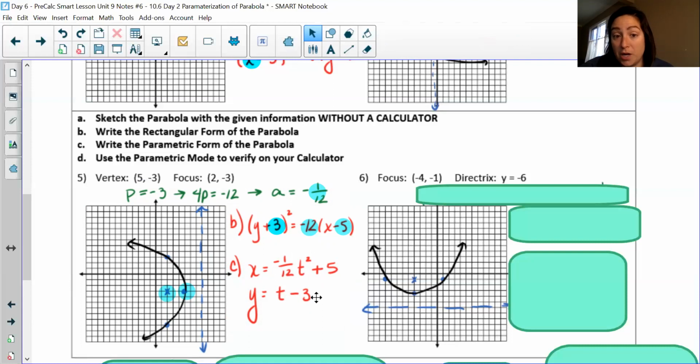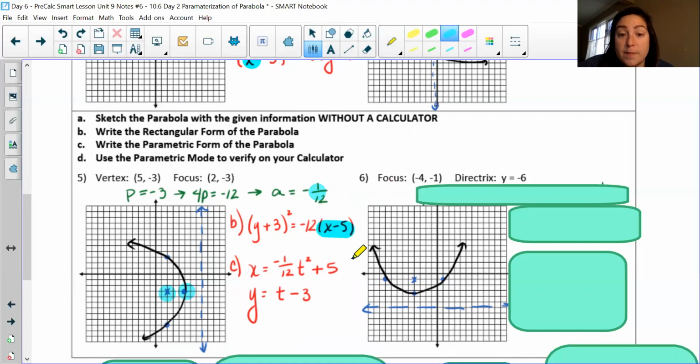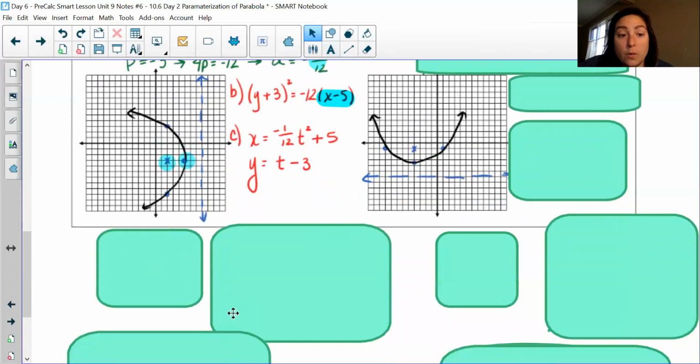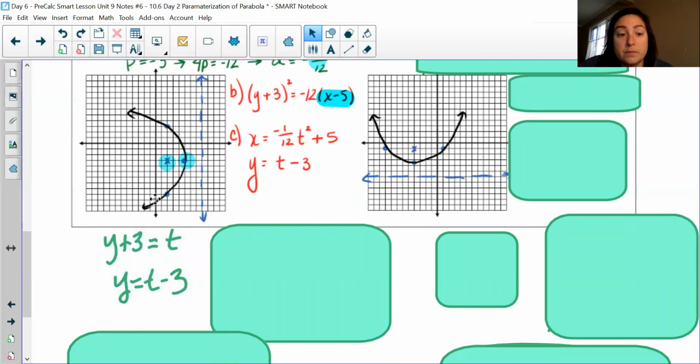I use a substitution. So just like we did in our last example, where we solved for t and substituted that in, we're going to take what is being squared and set that equal to t.